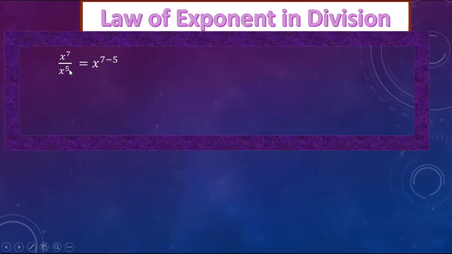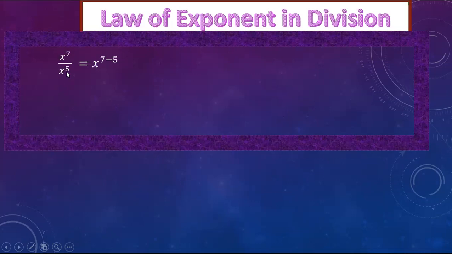This law is valid for variables having the same bases. Whenever the bases of dividend and divisor are the same, then this law is applicable. Clear? Okay, we can apply this law only when the bases are the same. Bases means x. They are the same.